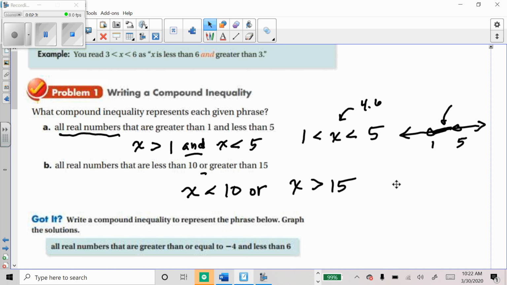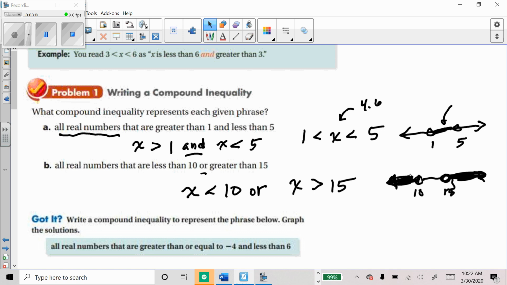Where on the second one here, to get numbers less than 10, if you find 10 on a number line, numbers less than 10 would be the numbers this way from 10. And then greater than 15 would be numbers that continue above 15, like these. So there's two parts of the number line that are represented by the numbers.